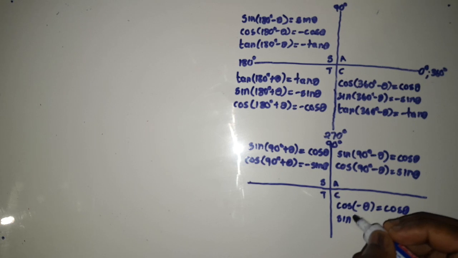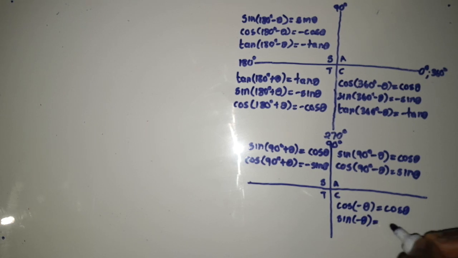Then we have sine negative angle, which is negative sine theta. Lastly, we have tan negative angle, also going to be negative tan theta like this. You see? Now let us go and try to figure out some applications.